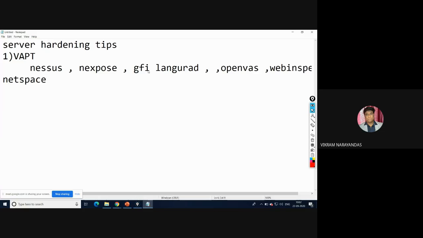Some of these tools we already discussed. So many tools are there if you want to secure a server or network.